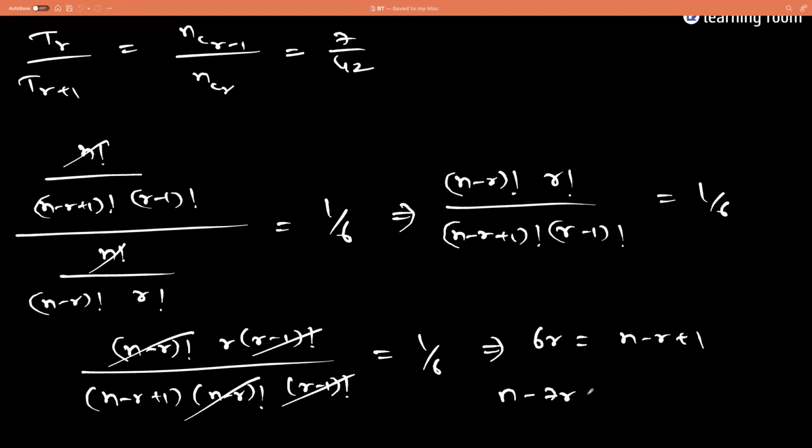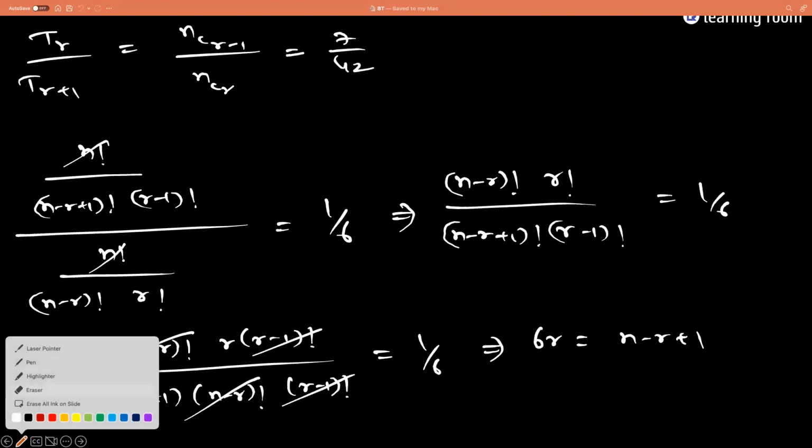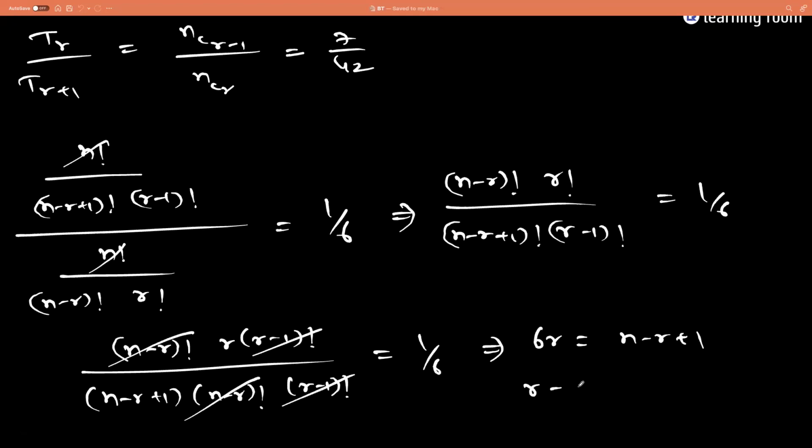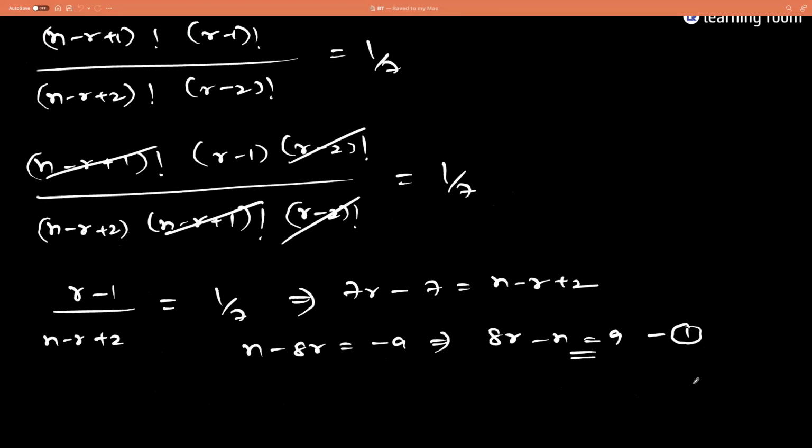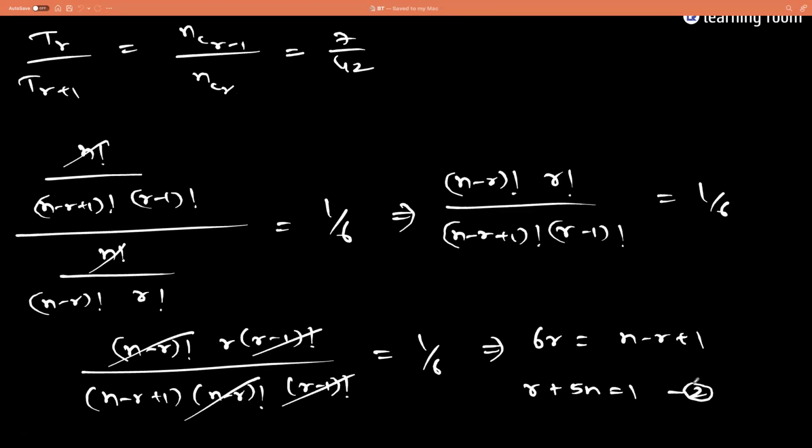So n minus 7r, or it will be, r plus 5n is equal to 1. Let this be equation number 2. So if you see, 8r minus n is 9 and r plus 5n is 1.